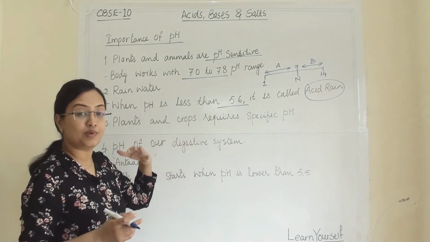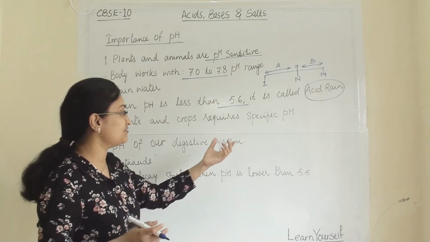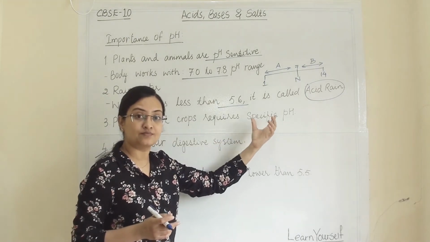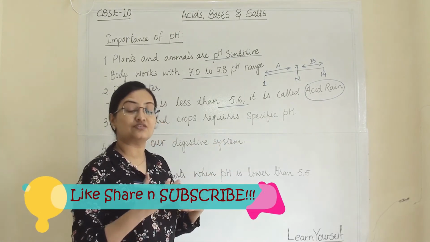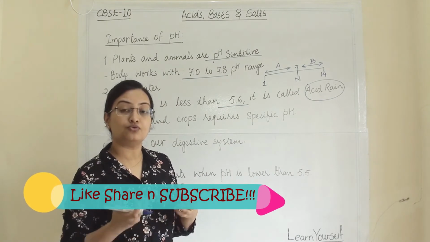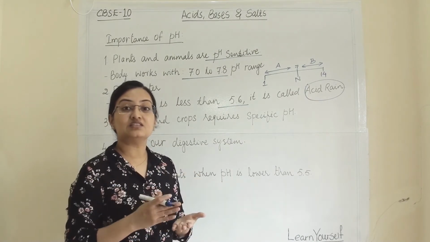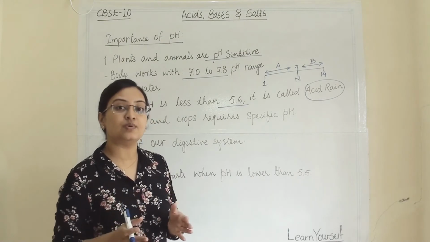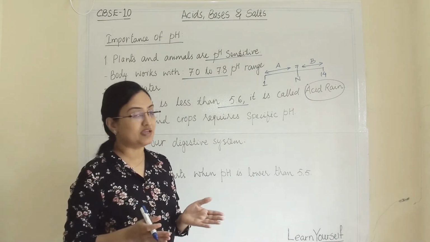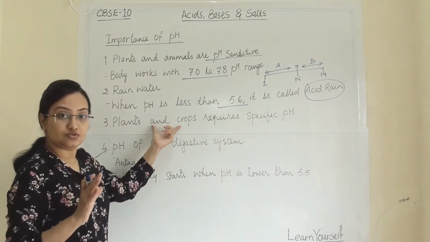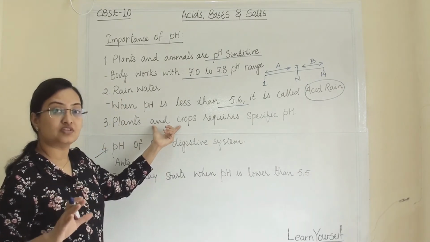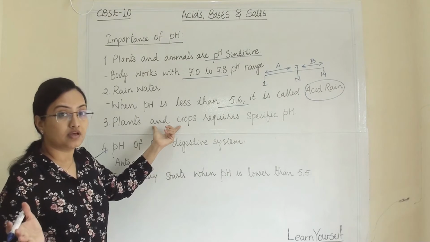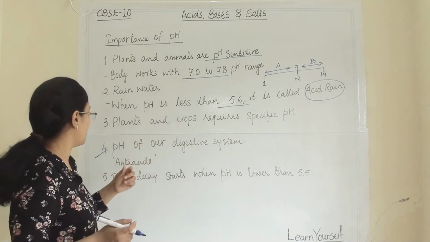To maintain the pH, there are certain treatments which farmers do. They treat their soil with some basic compound to maintain it in a certain pH range. It should not be too acidic, and it should not be too basic. So it should be suitable to the crop such that it gives healthy growth to plants and crops.